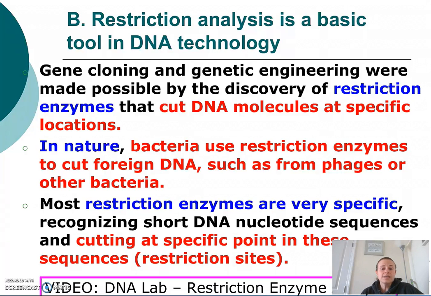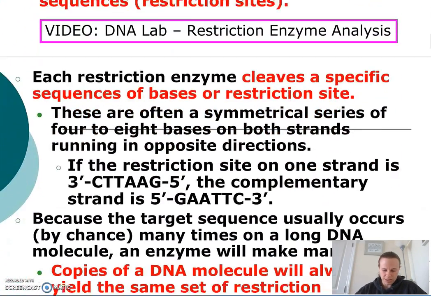Scientists were able to isolate these restriction enzymes, and then they named the restriction enzyme based on the bacteria from which they were isolated. Restriction enzymes, just like other enzymes, are very specific, and they're going to cut the DNA sequence at a specific site, known as a restriction site.